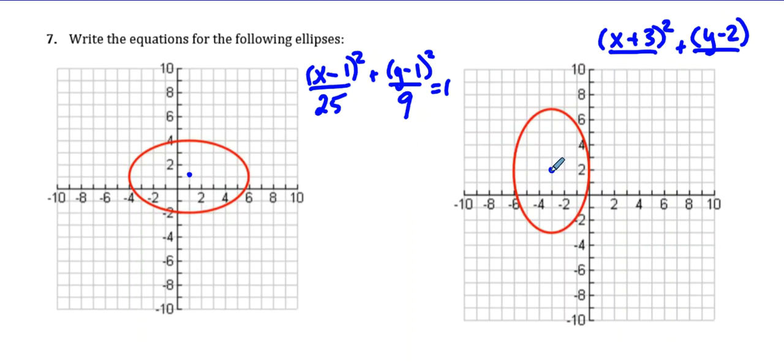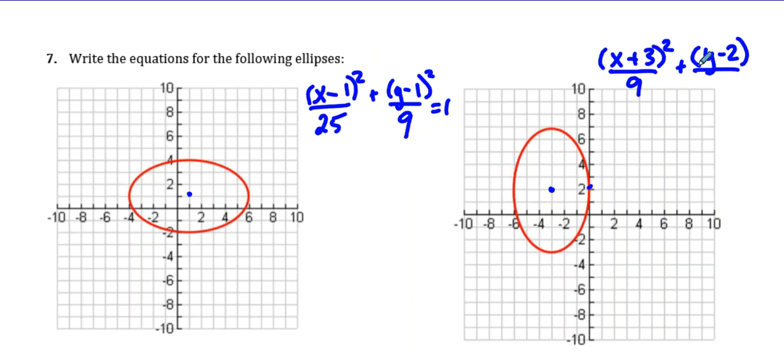Okay, in the x direction, I'm going 3 from the center, so 3 squared is 9. In the y direction, I'm going 5 from the center, 5 squared is 25, and then that equals 1. That's the equation of your ellipse.